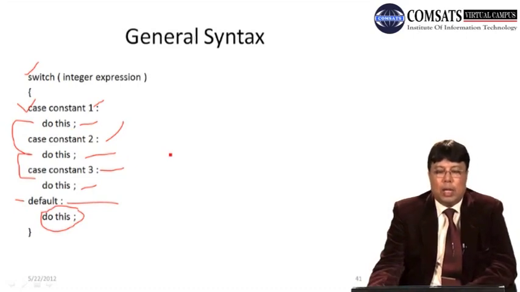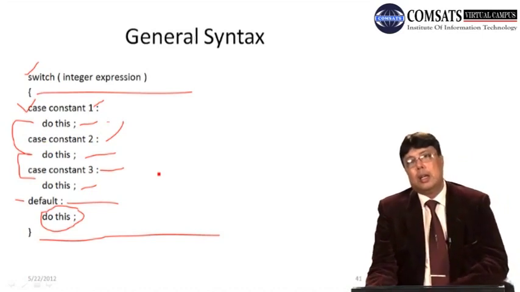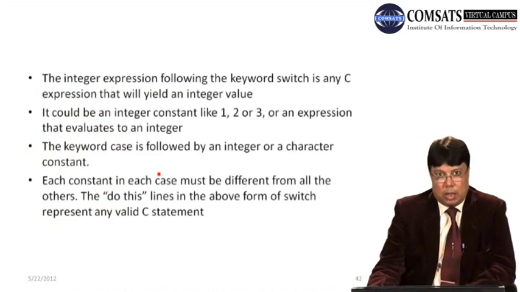So suppose the value is 5, 6, 7, -7, it will execute the default. Once again, switch, within the parentheses an arithmetic expression, then the body of the switch statement enclosed in curly braces. Then you have multiple cases that you can test, and this is the general syntax of the switch statement.